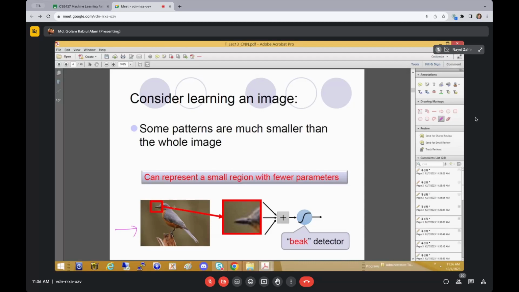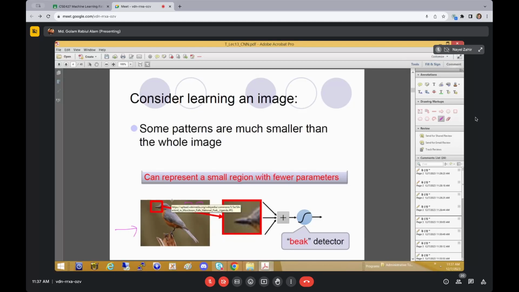For recognizing the pattern of this image, the pattern of that bird, some parts of this image may have no information, like here. In this case, no information is there. In this case, no information is there.